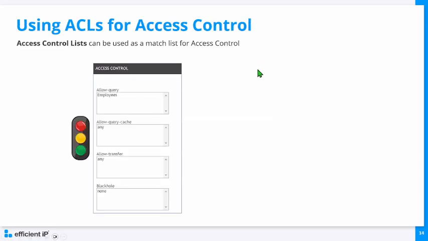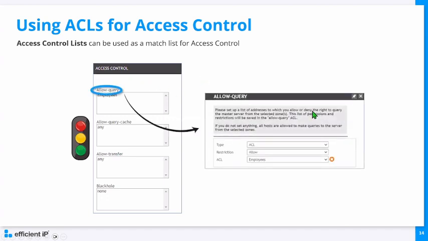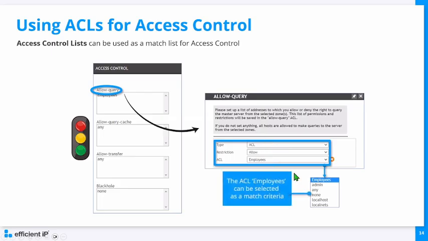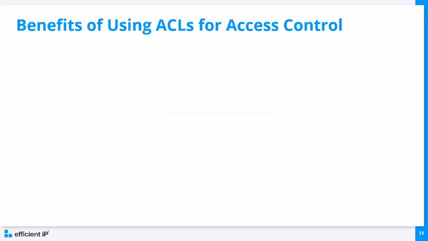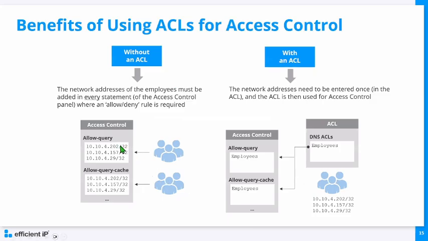Fine. So you have the allow query, as I mentioned. And also, you can use ACL if you have created the ACL. It's recommended you use ACL because it's easy to manage, like this example.